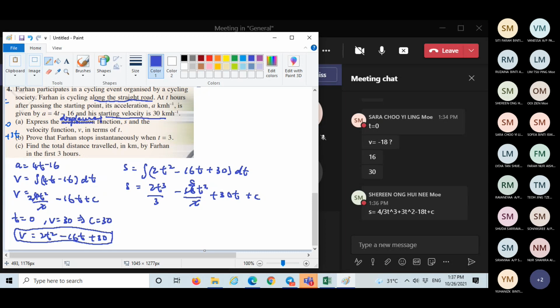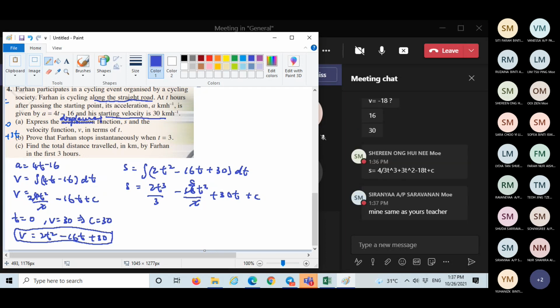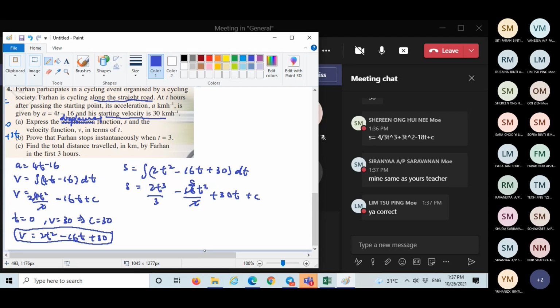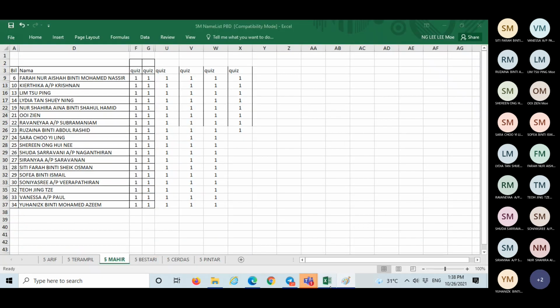Someone confirm my answer, please, whether I made a mistake. Thank you. Am I correct? Sorry, maybe you are on the wrong question, or maybe your integration is wrong. Never mind, you will try afterwards.